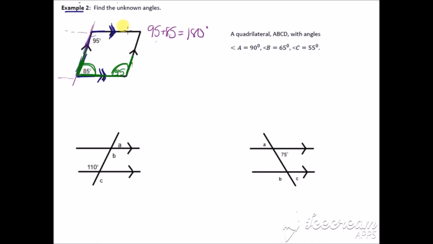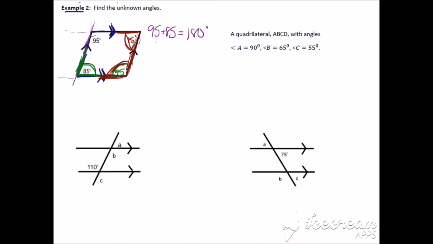Okay, and then if we look at this right here, this would be like a backwards C. So you're getting exposed to it every which way. So this one here and this one here would add up to 180. So again, 95, and we know already 85. So this quadrilateral we can just pattern, and we can solve for those two angles.